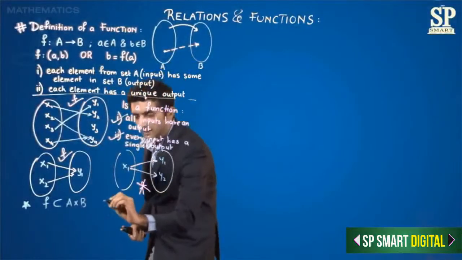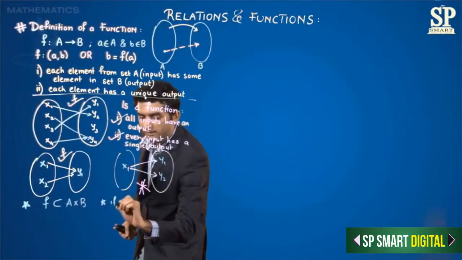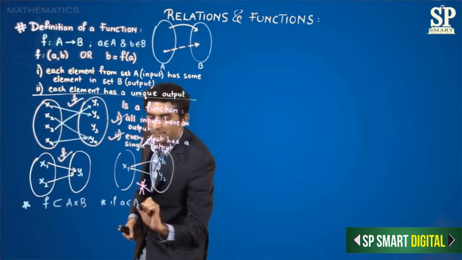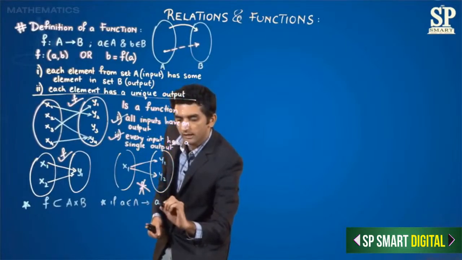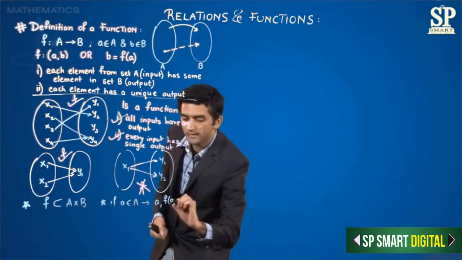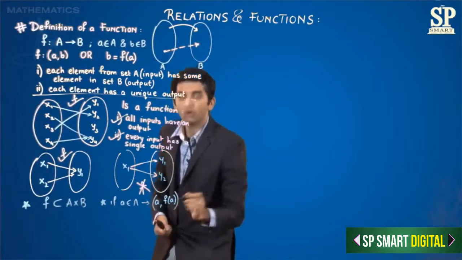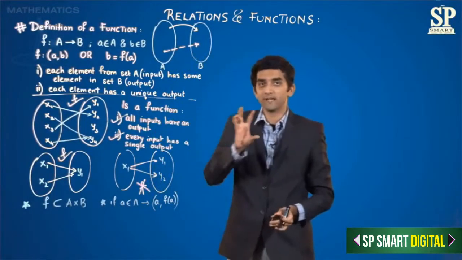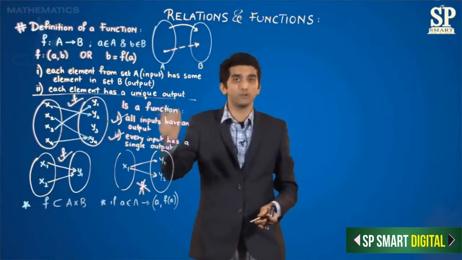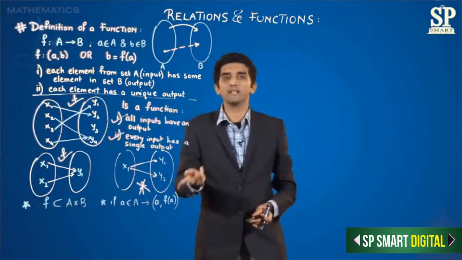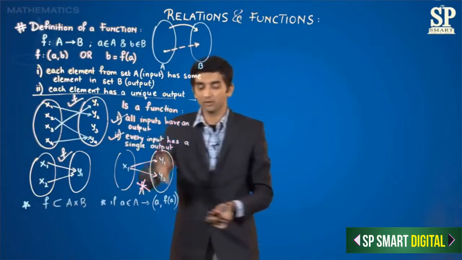The second thing that we have understood is that if a is an element of A, then (a, f(a)), right? Now this will be an ordered pair. Let's try and understand. If f is the function that is getting applied on elements of set A, then f(a) is its corresponding output depending on the function.